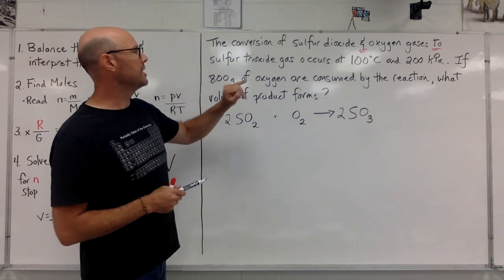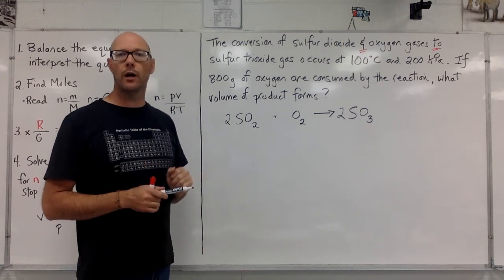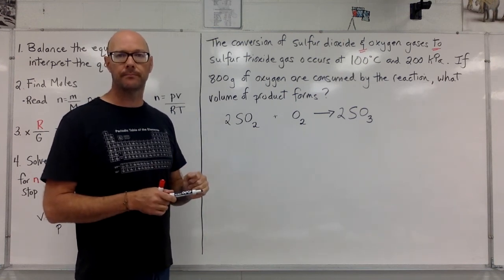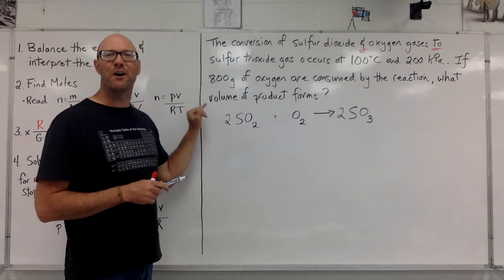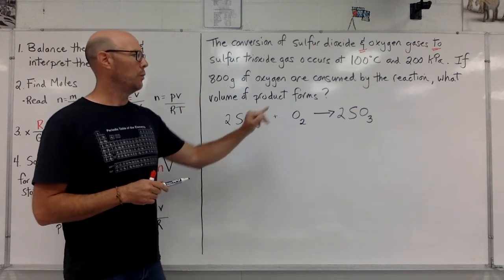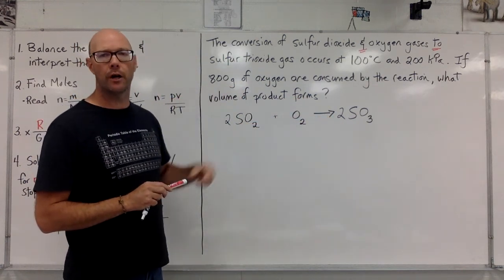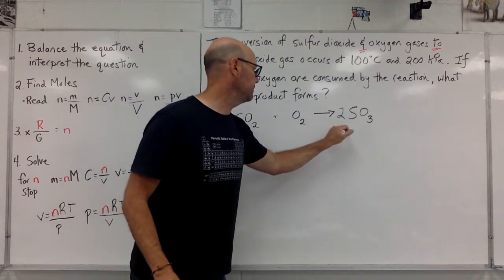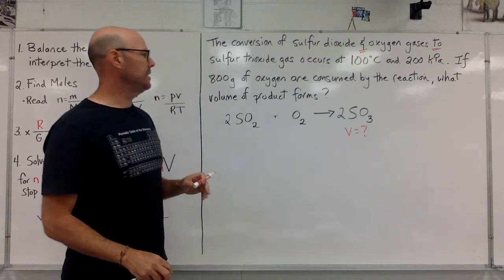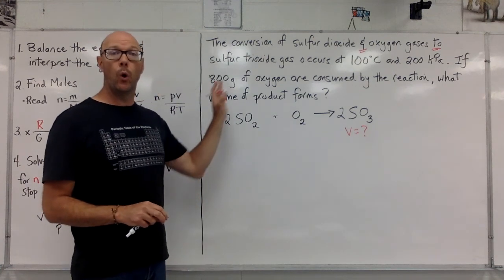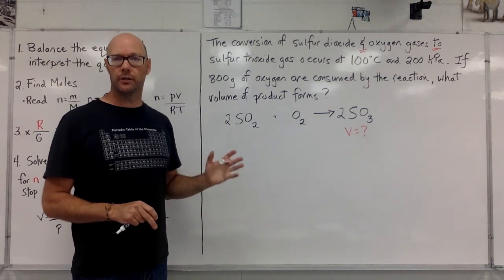This whole thing takes place at 100 degrees Celsius and 200 kilopascals. Because the question ultimately asks, what volume of product forms? We only have the one product, sulfur trioxide. What volume of product forms? This is the V, which we don't know. It's a gas. This whole thing happens at 100 degrees Celsius and 200 kilopascals.